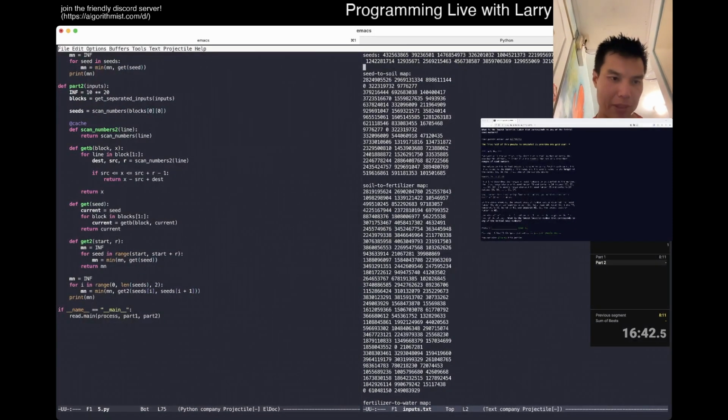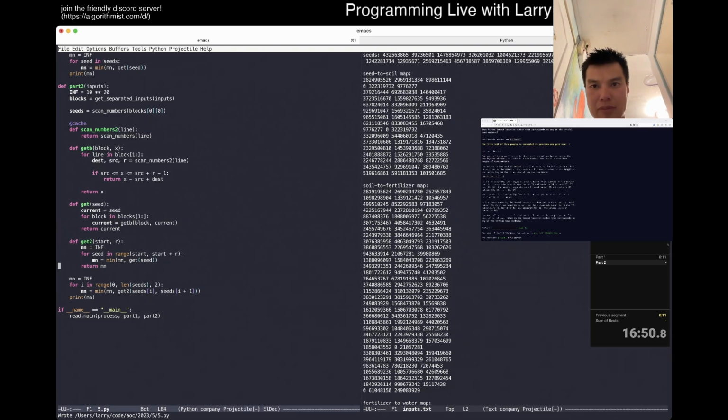Okay, how am I doing with intervals? Okay, so the smallest seed, and then we have to figure out, what do I have to figure out? The intersection. What does that mean if two ranges intersect? That means that, okay, so we have initial seeds.